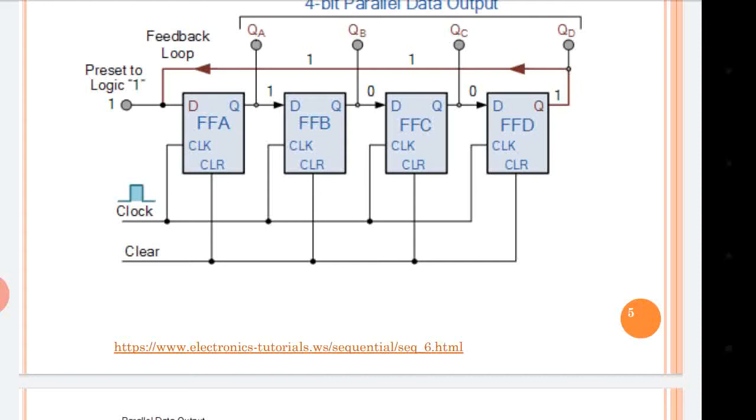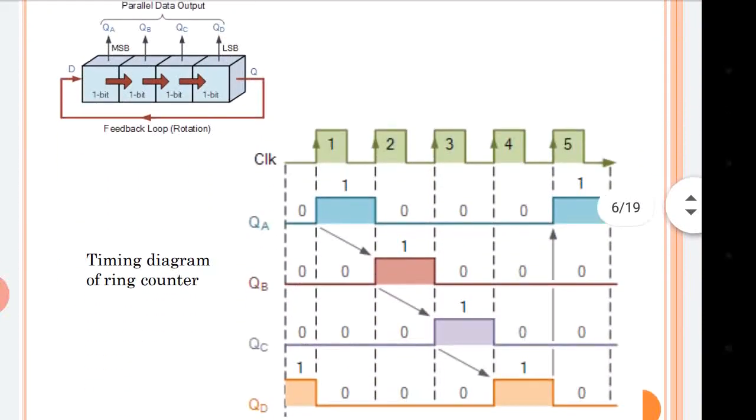But QA, which was 1 previously, is applied to DB, that means for the second rising clock pulse, flip-flop A will be in reset state. That means if DA is 0, QA will be 0, but at the same instant when the clock was applied, DB was 1, that is why QB will become 1 and QC and QD will remain 0.